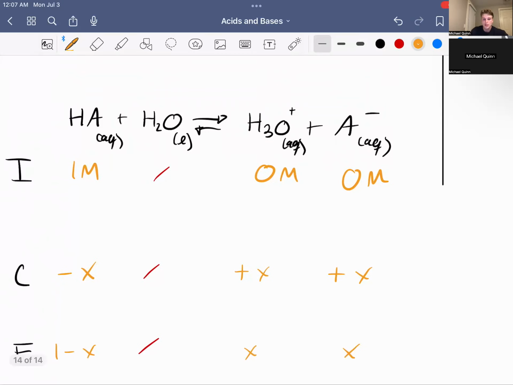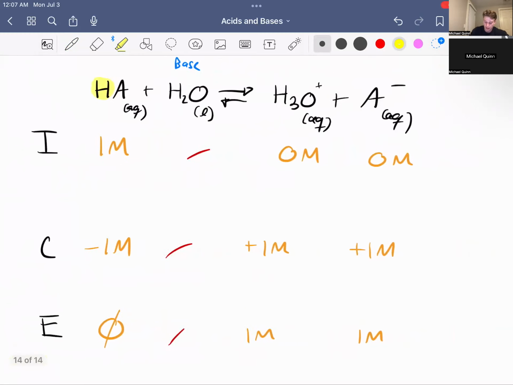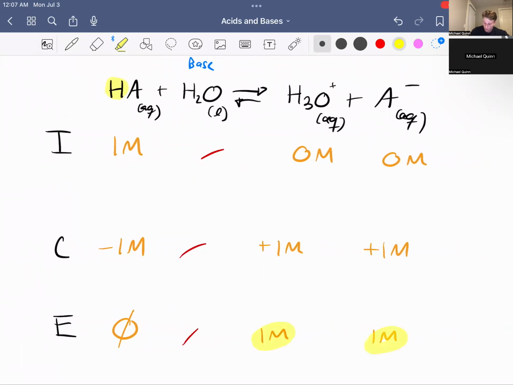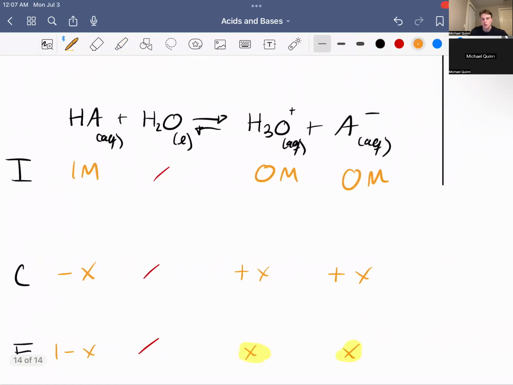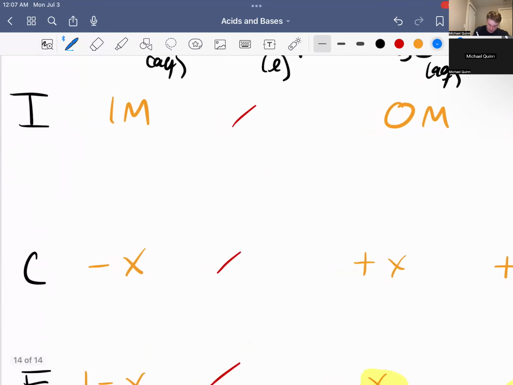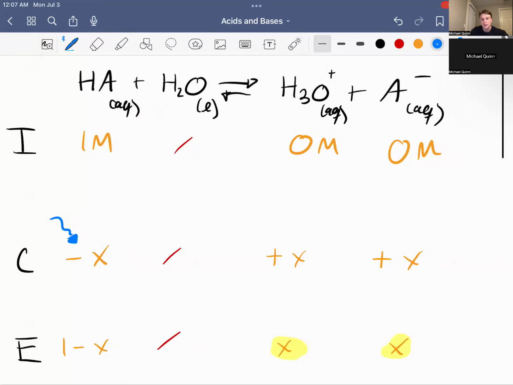So how do we solve for our concentration at equilibrium? Because for a strong acid, it was quite easy. We already have our equilibrium concentrations of everything. So one really important thing that we need to do when we are working with a weak acid or base, this -X right here. Weak acids and bases barely react.